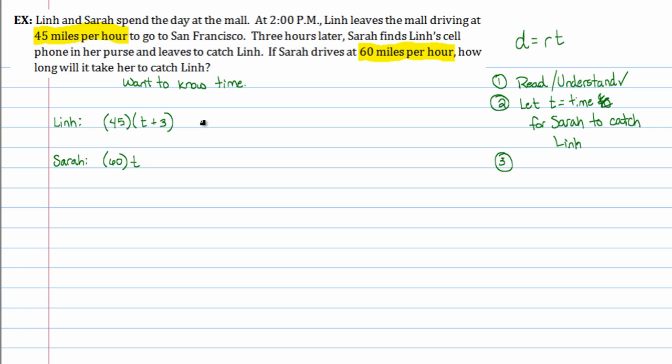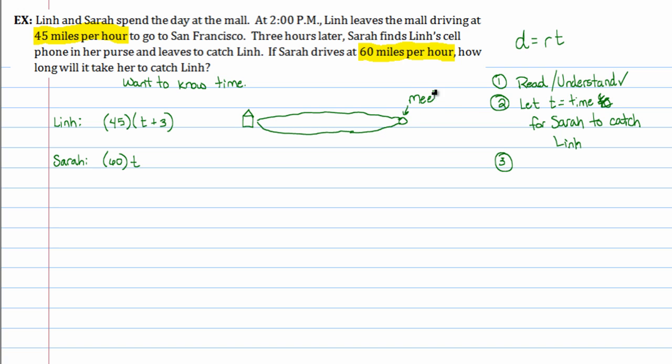The way this problem is solved is that you have to think logically. I guess I will draw a little picture. If this is the mall and Lynn leaves, and then 3 hours later Sarah leaves, but they're driving on the same roads. By the time they catch each other, right here, is where they meet.